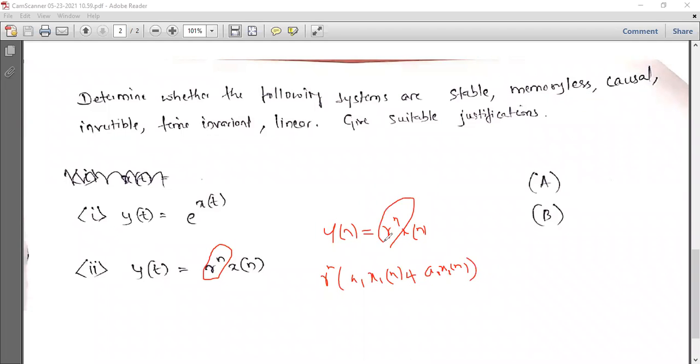It simply multiplies by r to the power n. So if I apply it to the individual systems, it will be r to the power n into x1 of n, scaled by factor a1, plus r to the power n into x2 of n, scaled by factor a2.